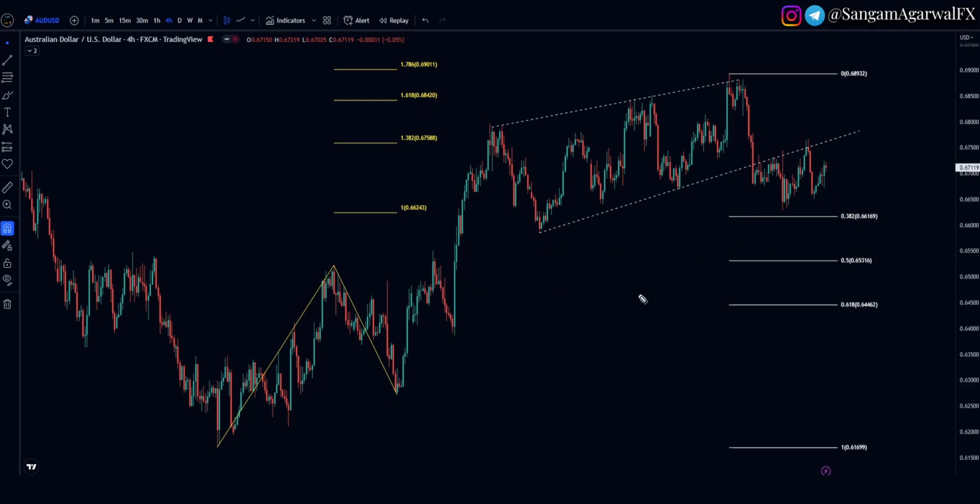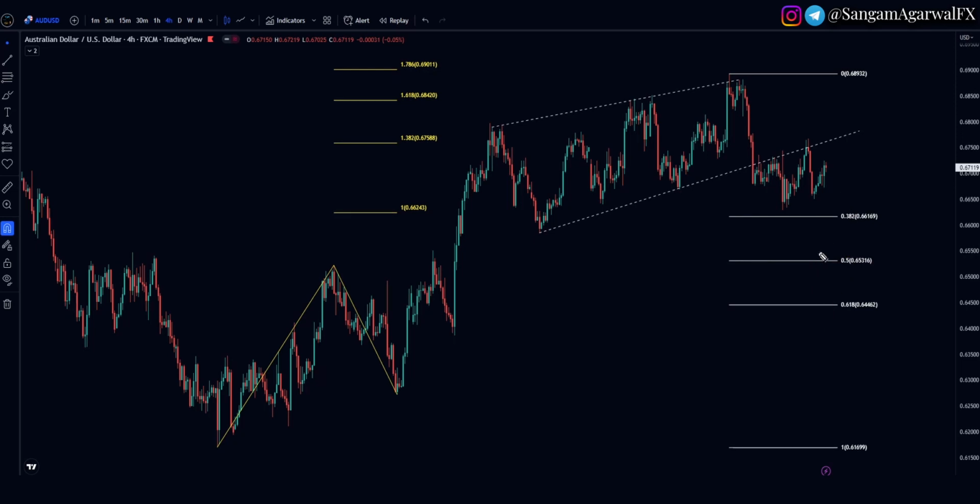And for a buying opportunity, wait for at least a 50% retracement. Then after the 50% retracement, if price makes a hammer on this level, then you can buy, and the hammer can be on the 50 or 61% retracement level.